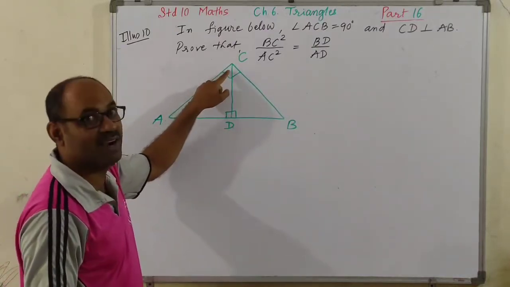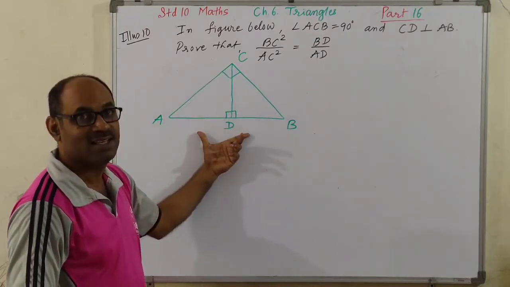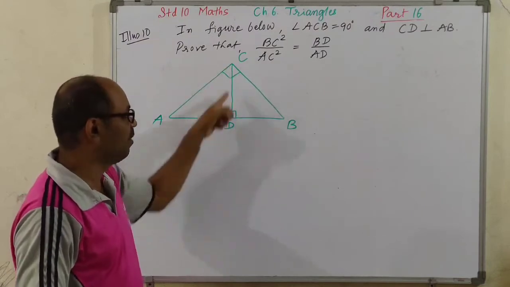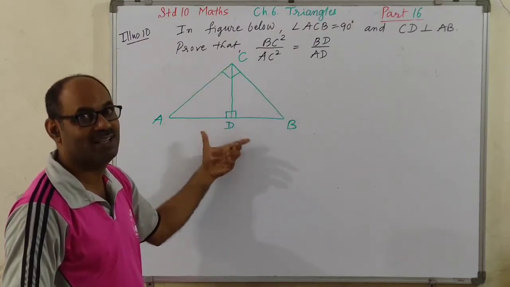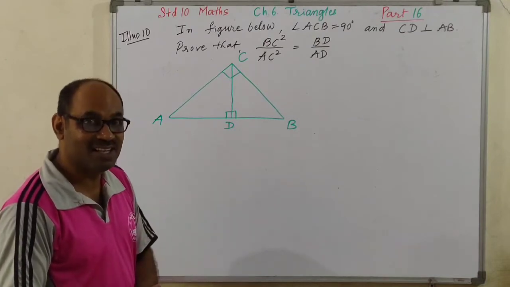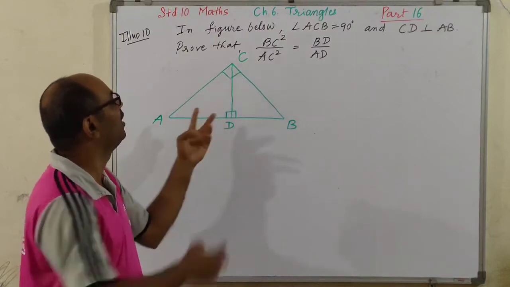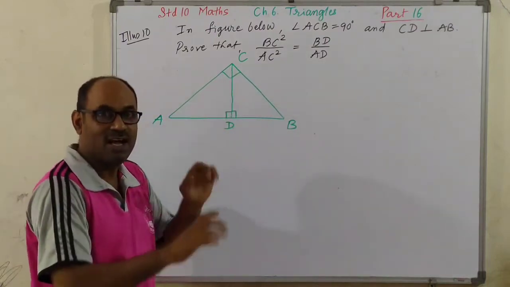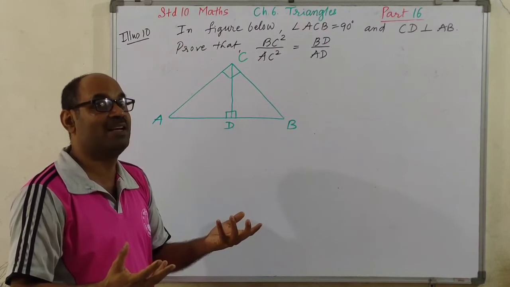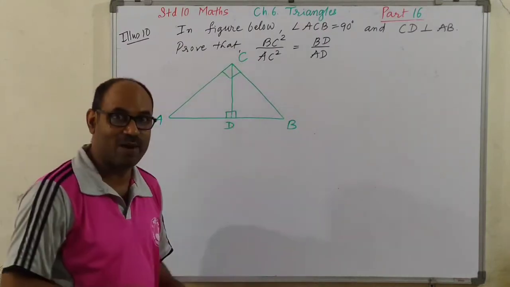C is the vertex where the right angle is formed, so AB is the hypotenuse. This is a perpendicular drawn to the hypotenuse, so it is the altitude to the hypotenuse. So there are geometric mean results. This triangle is similar to the original, and they are similar to each other. And from there you get geometric mean results. You got AB square is equal to BC square plus AC square.